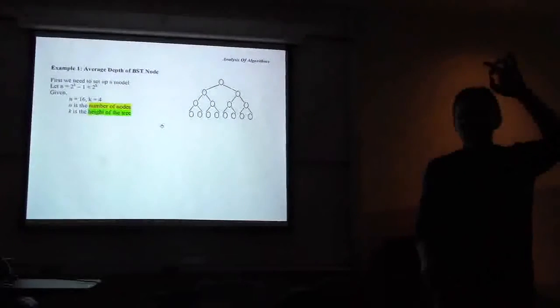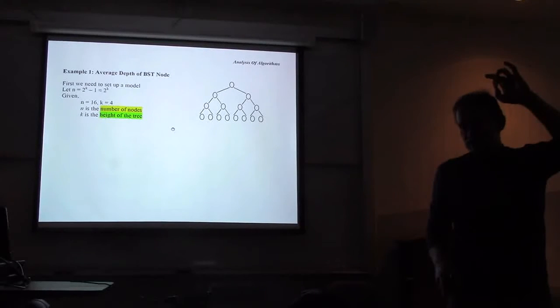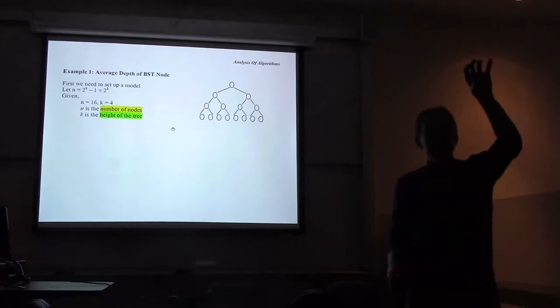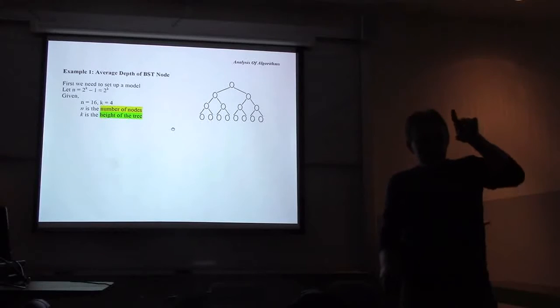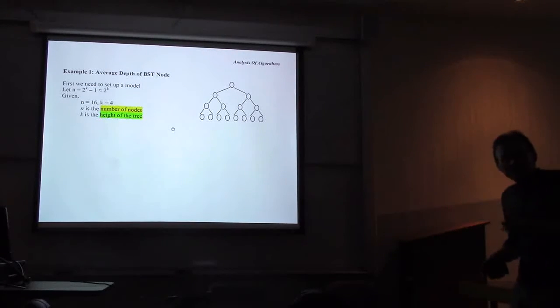So this is 2 to the 1 minus 1, which is 1. And this is 2 to the 1. If you have a full tree, 1, 2, 3, you have 3 internal nodes, but 1, 2, 3, 4 external nodes. So okay, you got the idea?